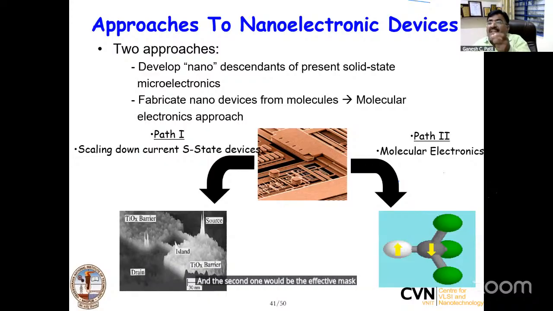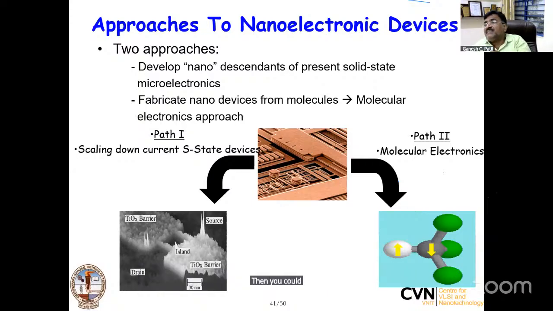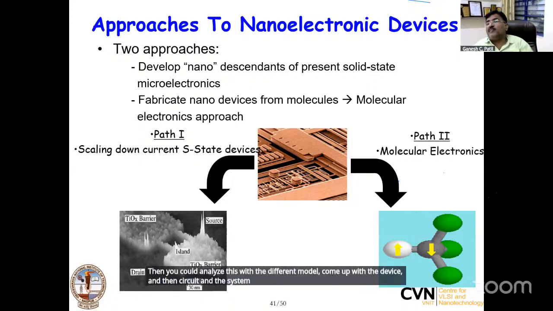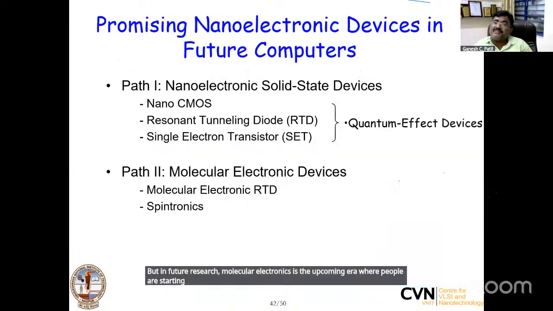Once you know the band gap and the effective mass, you can analyze this with different models, come up with the device, then the circuit and the system. That is another domain where people are working. But in future research, molecular electronics is the upcoming era where people are starting to do research.